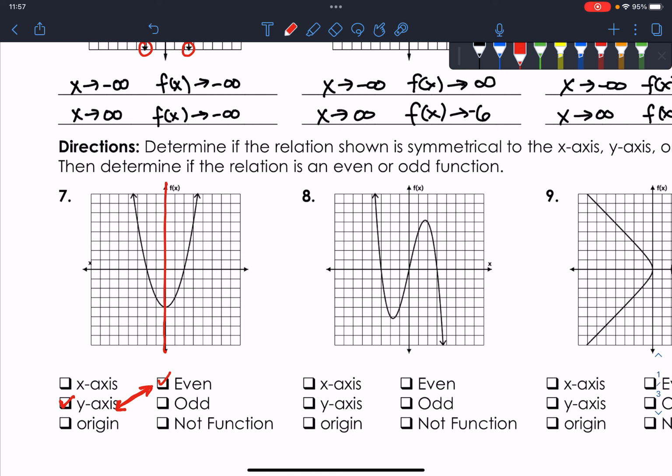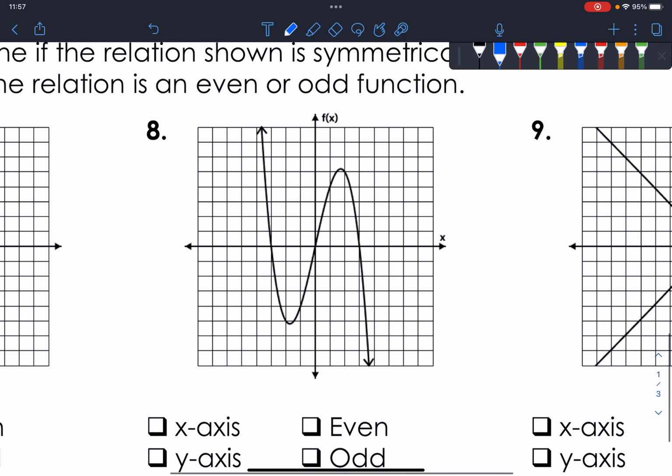Now, because this function is symmetrical through the origin, meaning that if I trace over this, let me try that again. Let me zoom in, and let me trace over this as well as I can. Okay.